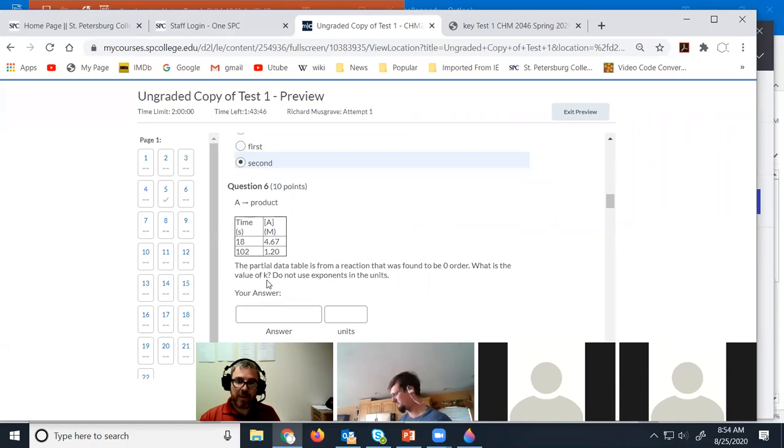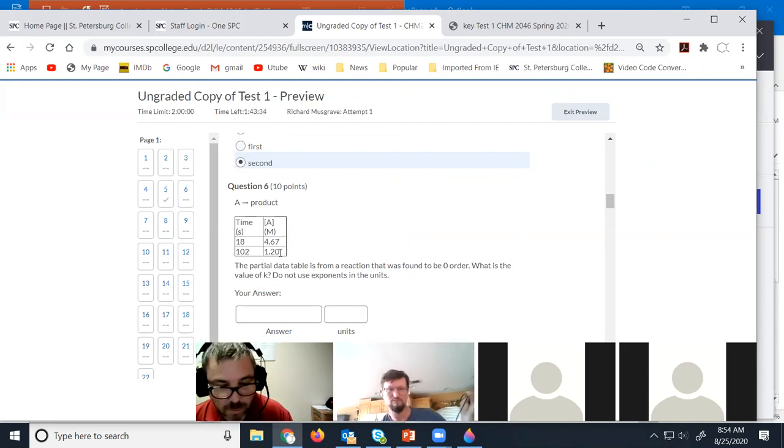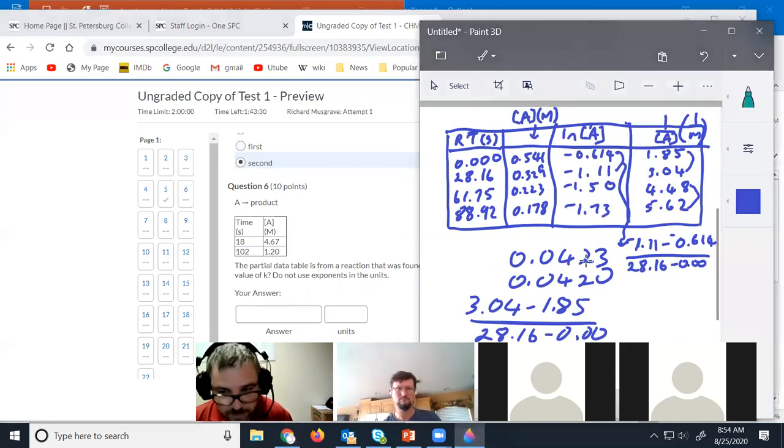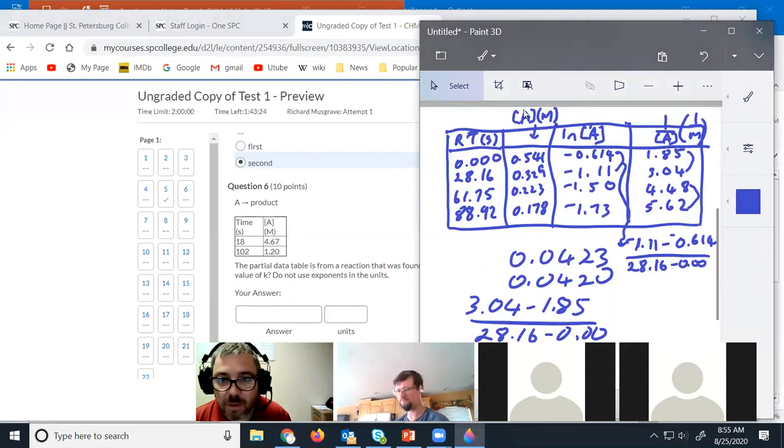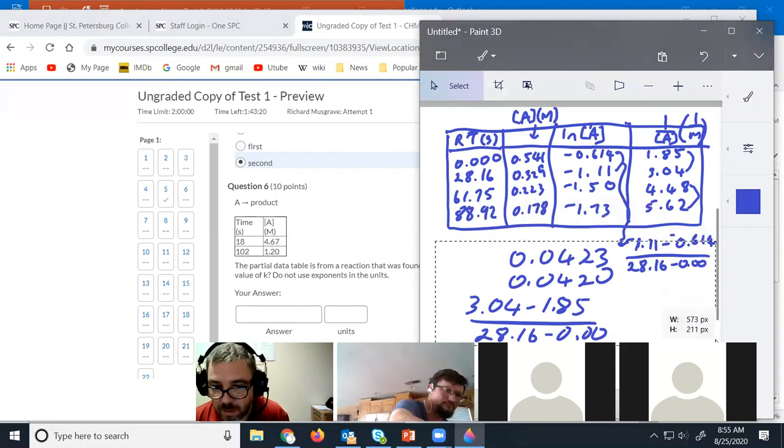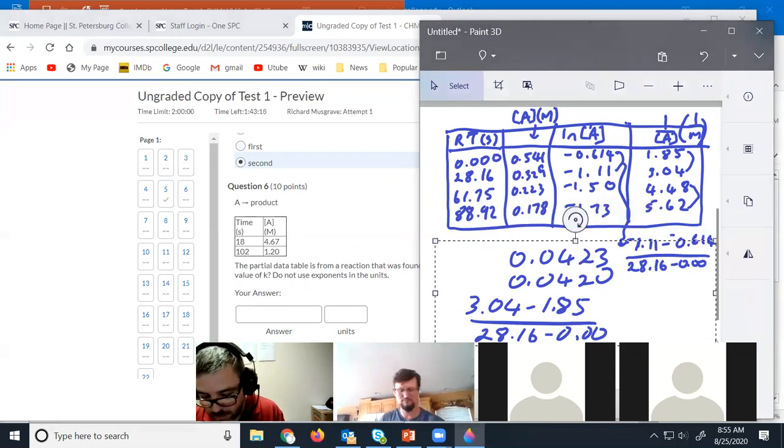Remember that k is going to be the slope, and if it's zero order, then we're looking at time versus A, which means all we have to do here is find the slope of these two right here.